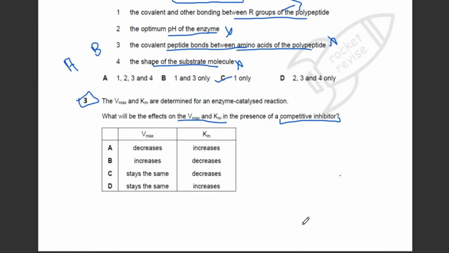Because this is a reversible reaction, there will be no impact on the Vmax. Sometimes the inhibitor binds, sometimes the substrate binds. If we increase the substrate concentration, the reaction will still continue. The competitive inhibitor binds once, no reaction happens, and then it gets removed. Okay? But your Km will increase. Why will your Km increase? Because the affinity with the substrate in the presence of a competitive inhibitor decreases.